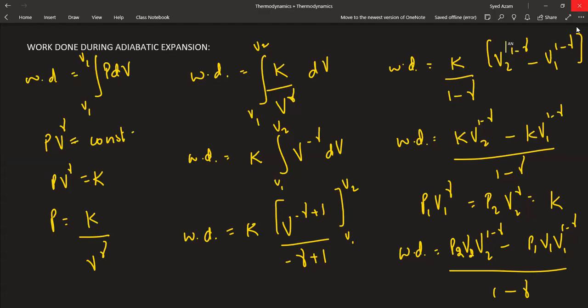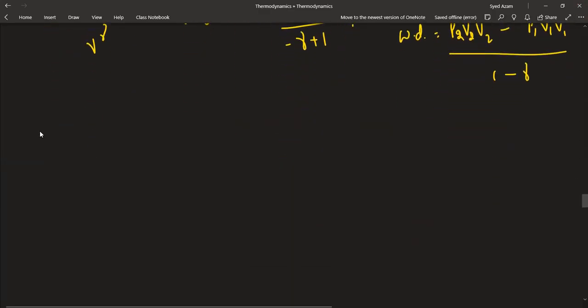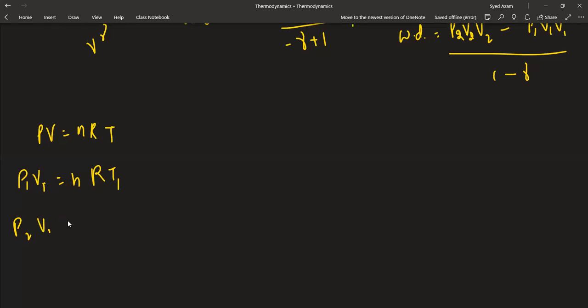One more thing, class. You remember the ideal gas equation which I told you? PV is equal to nRT. So from here, P1 V1 can be written as nRT1, and P2 V2 can be written as nRT2.